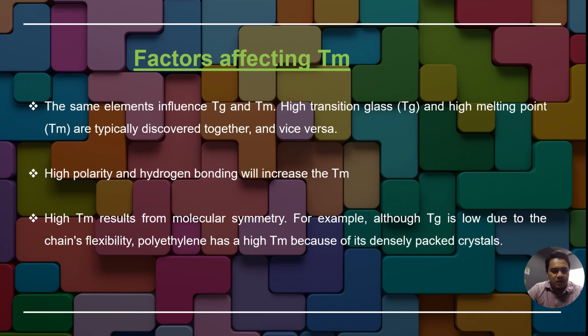And the last factor is that a high melting point results from molecular symmetry. For example, a glass transition is low due to chain flexibility. For example, polystyrene has a high melting transition because of its densely packed crystals.